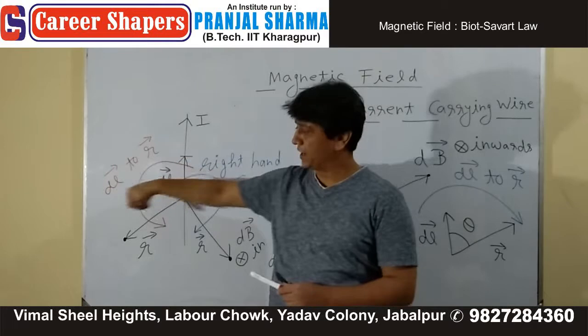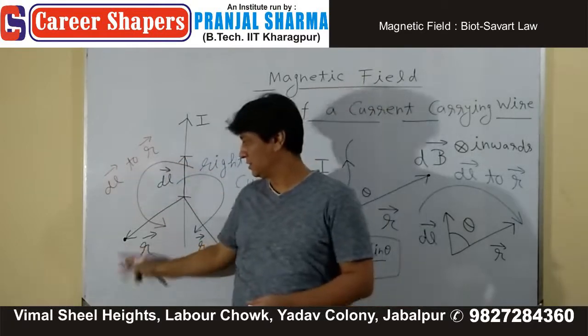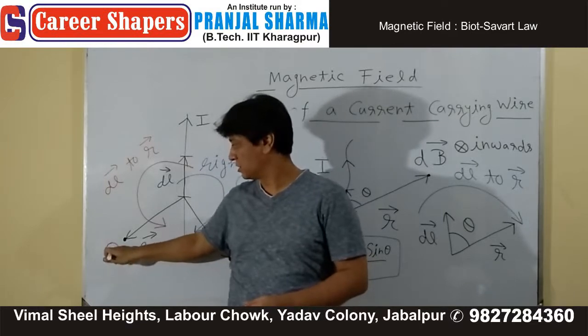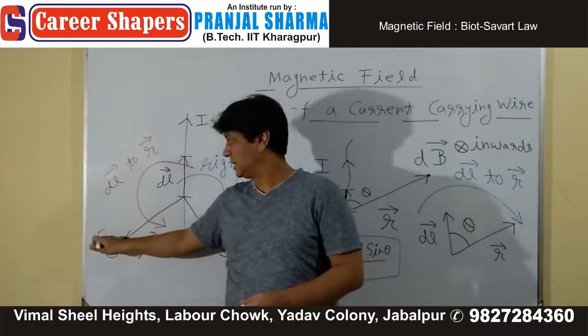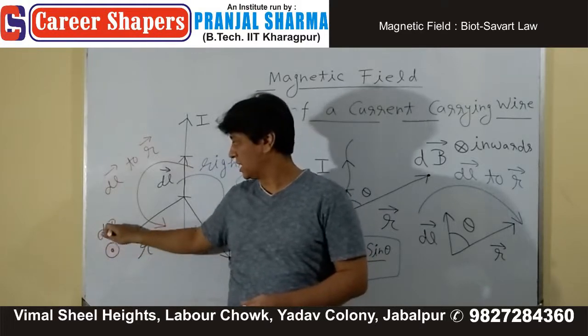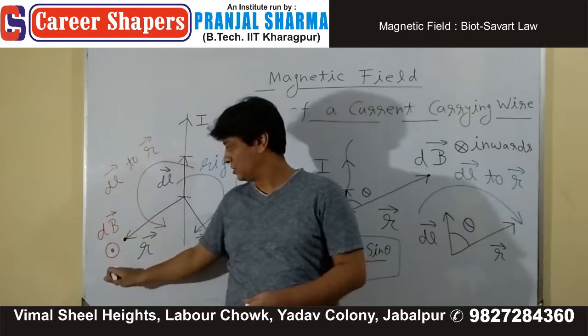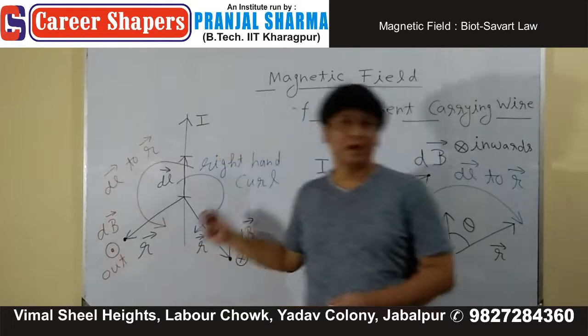If the thumb is pointing out, then the direction of the magnetic field is dot. A dot inside a circle gives us the direction of the magnetic field, dot, or simply outwards.